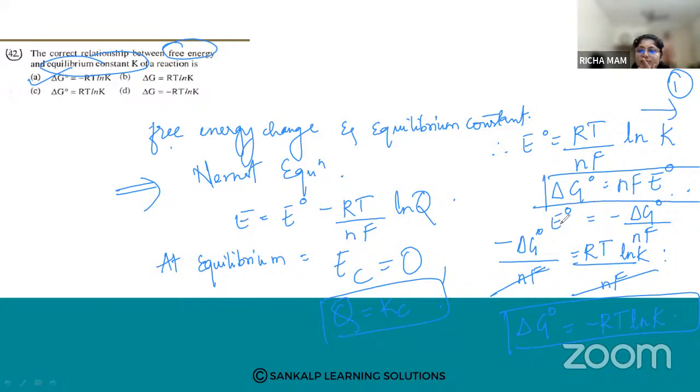So if you substitute the value of E naught here, we get this relationship. So this is the relationship between the free energy and equilibrium constant. Option number A is the answer. Let us go for the next question.